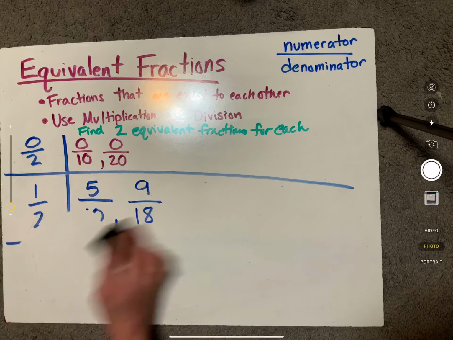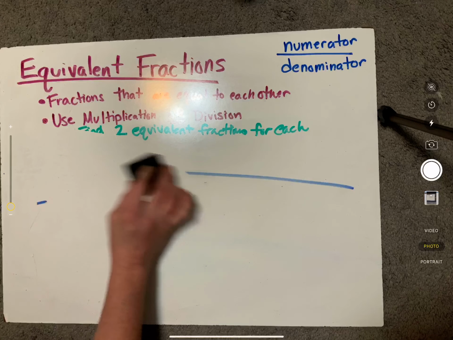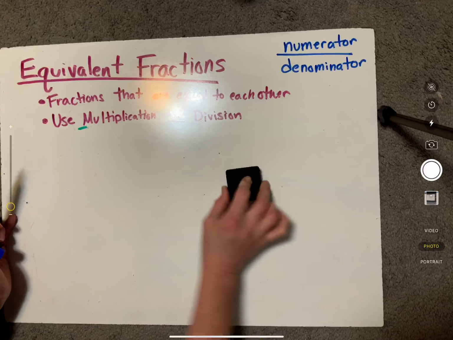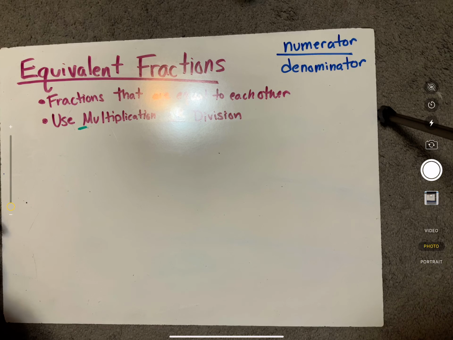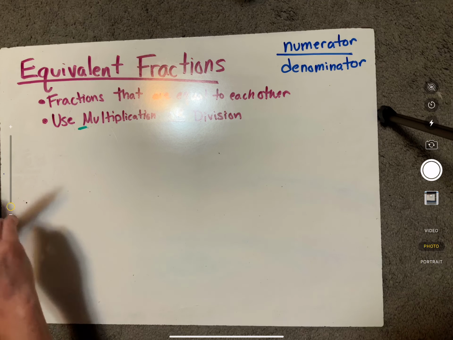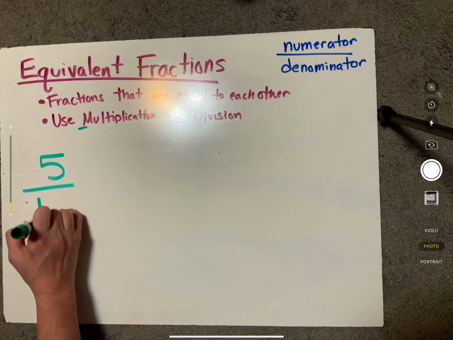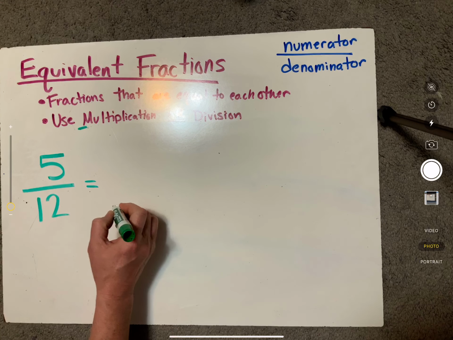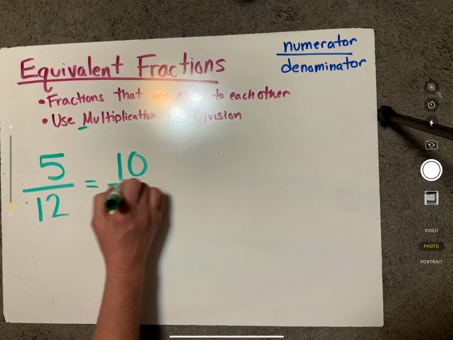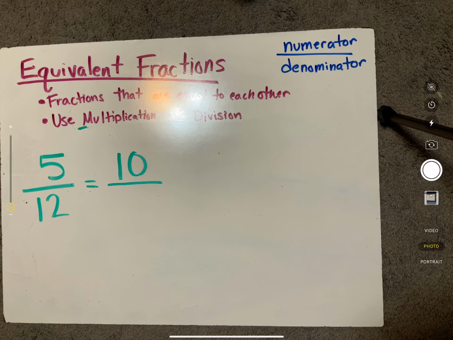Okay, before we go, I want to give you a couple of equivalent fraction mysteries that we're going to solve together. So if I have 5/12, and what if that's all I know about this fraction? How could I figure out my denominator?